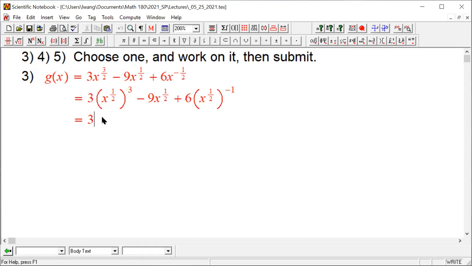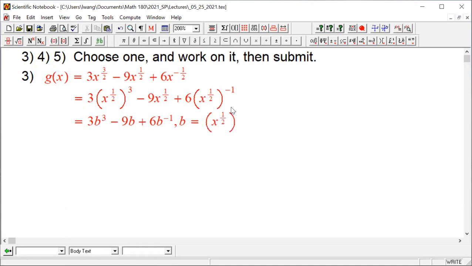he has the b's. So b to the power 3 minus 9 times b plus 6 b to the power -1. And he also specified in that step that b is equal to x to the 1/2, very good practice.